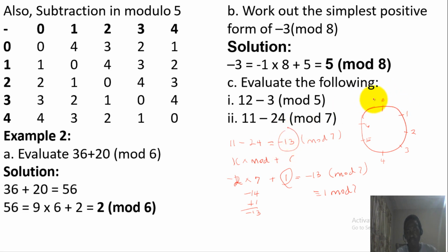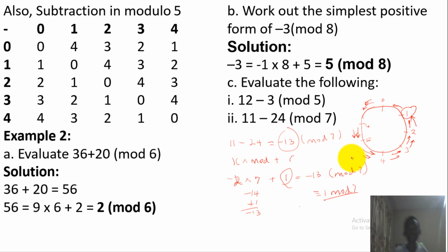This will be 1, this will be 2, then 3, 4, 5, 6, 7, then move again 8, 9, 10, 11, 12, 13, stopping at 1. Therefore, still returning 1, so it should be 1 in mod 7.